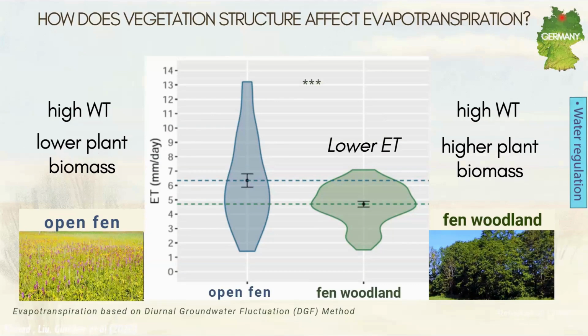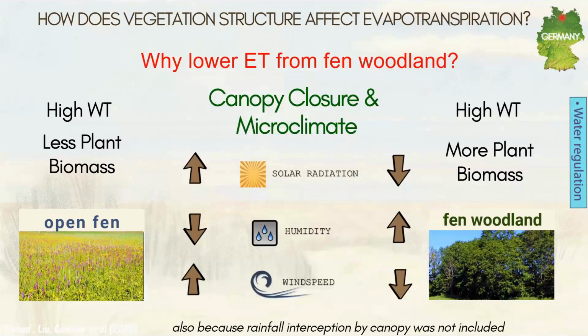This is because canopy closure creates its own microclimate. It decouples the system, especially below it, from the surroundings. On the open fen you have direct solar radiation and high wind speed, whereas the inside of the fen woodland, the closed system, has more buffering from all of these processes.